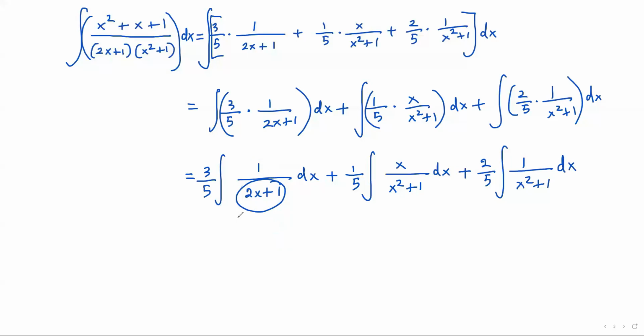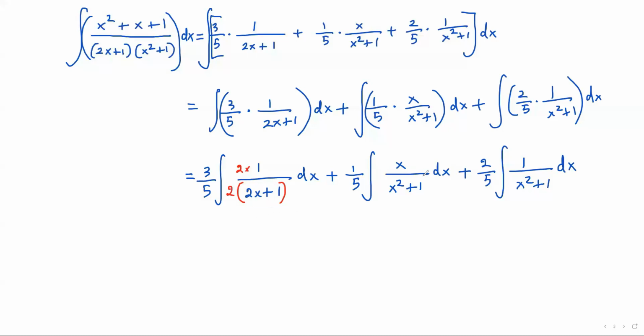So if I want to get the 2 in the numerator, I have to multiply this 1 by 2. So I'm going to multiply the numerator and denominator of the first integration by 2, because I need 2 in the numerator, since the derivative of 2x + 1 is just 2.